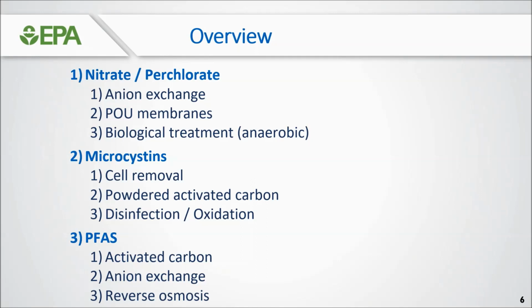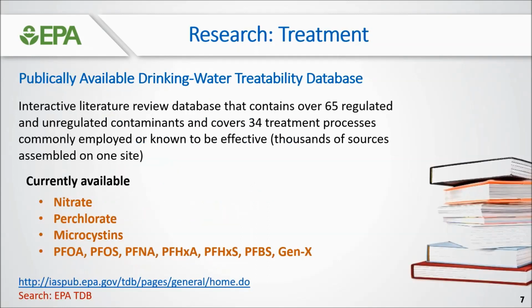Microcystins are the second host class of contaminants that I'll be discussing, and then PFAS, per- and polyfluoroalkyl substances, covering three technologies for those groups of compounds. So a little plug: all of this information for these contaminants is included in the EPA's Drinking Water Treatability Database.